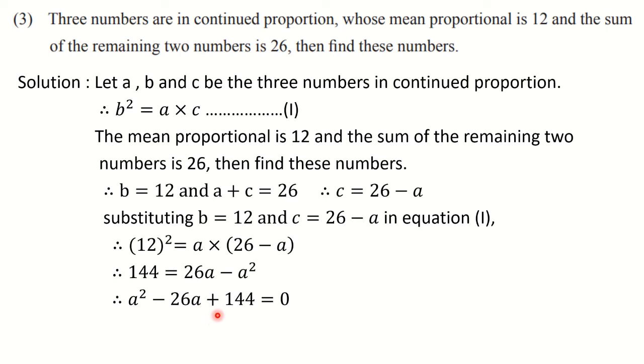So here the last term is positive, so we think of addition. Two numbers whose multiplication is 144 and sum is 26: such two numbers are 18 and 8. 18 8s are 144. So this middle term minus 26a I am going to write as minus 18a minus 8a.